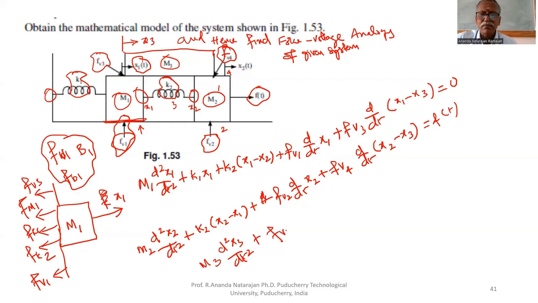So FV3 d upon dt of x3 minus x1 plus FV4 x3 minus x2 equal to 0.